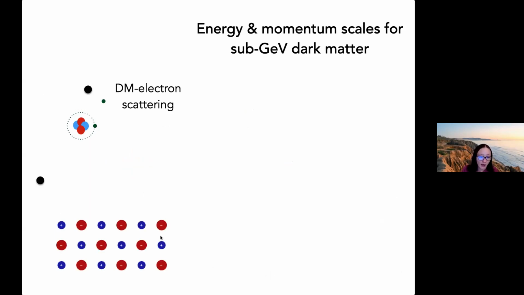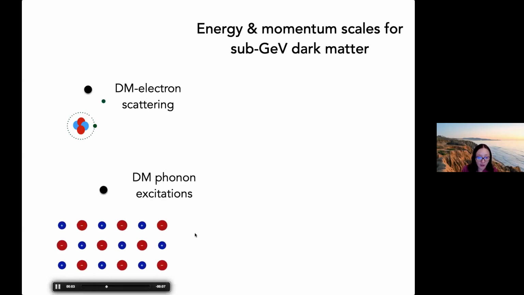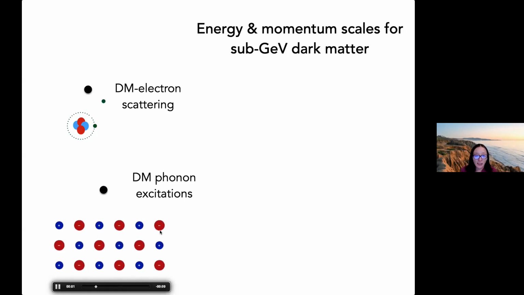Here, this is my cartoon of a lattice of nuclei in a crystal, for instance. For low mass dark matter coming in and scattering, what's going to happen is it creates collective excitations, or phonons, in the lattice rather than a single recoiling nucleus. Both of these kinds of interactions have better kinematic match with MeV scale dark matter.